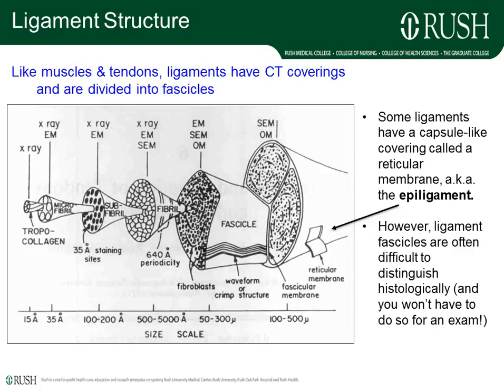Some ligaments have an outer capsule-like covering called reticular membrane, or the epiligament, which is the term that I would prefer. And interiorly, they are in fact divided into fascicles. However, ligament fascicles are very difficult to distinguish histologically, and you won't be held responsible for doing that. You just should know that they're there, and it's organized in the same way as a tendon is.